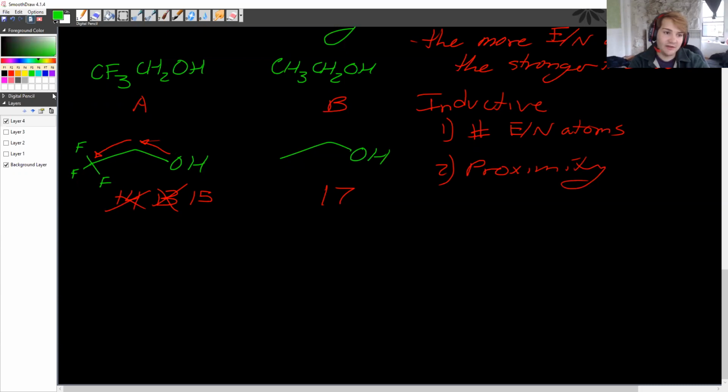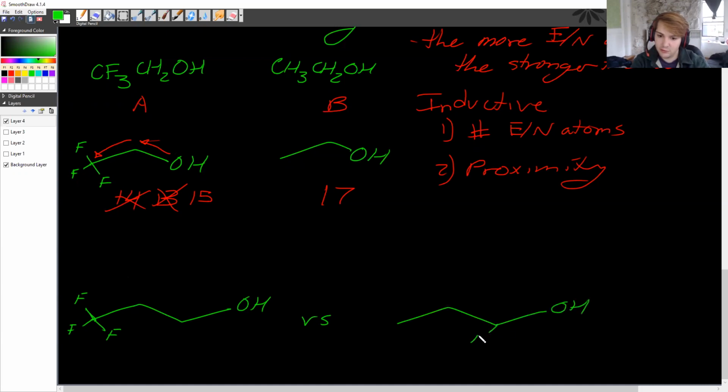And this should make sense, that if you have a compound that looks like this, versus a compound that looks like that, B is the stronger acid.